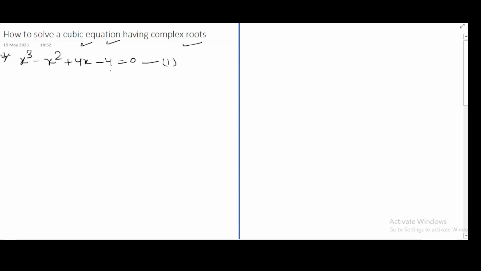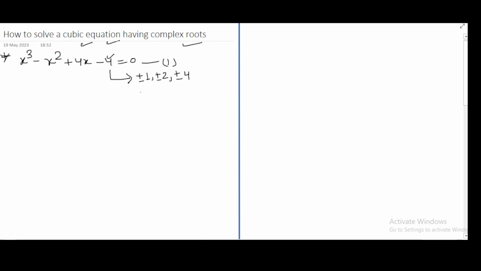First we have to check the factors of this constant term. The factors of this constant term are plus minus 1, plus minus 2, plus minus 4. So these are the factors of this constant term, right?